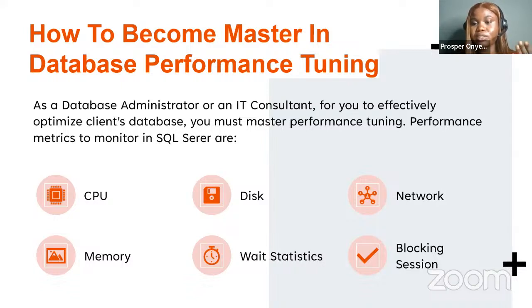If it is spiking to 100%, that means you may need to provision more CPUs for your server. It doesn't necessarily mean that since the CPU is spiking to 100%, you need to provision immediately. No. First, you need to check if there are active transactions in your database that you need to commit, so that there will be space. And it then talks about the disk also.